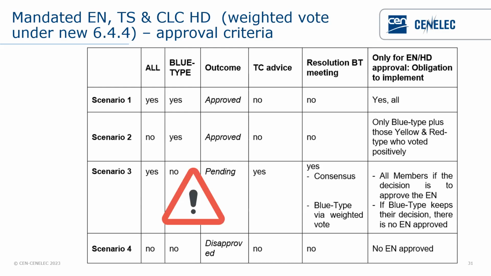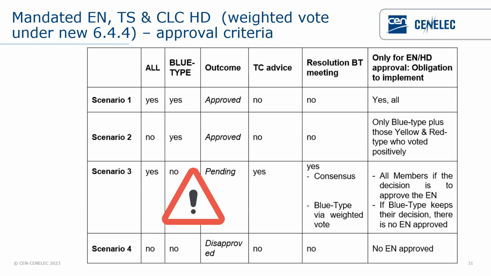Also today, Internal Regulation Part 2, 2022 edition, reads that in case the count with all members failed, a second counting is done with the blue tie members, and if the outcome is approved with the blue tie members, then the EN or TS or HD is approved. There is, of course, an impact on who has to implement the EN or HD, but this I will cover later.